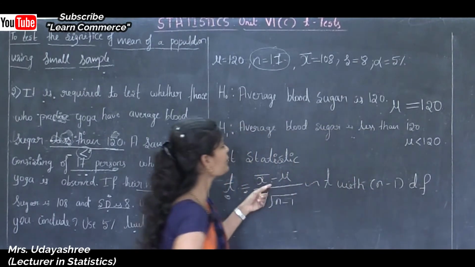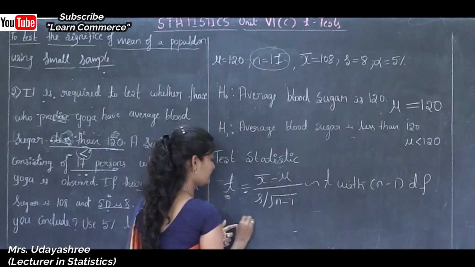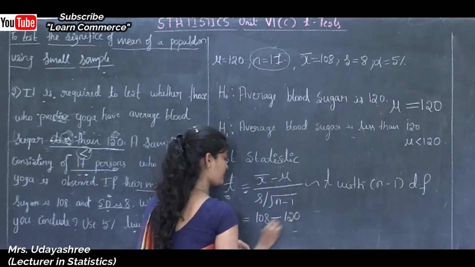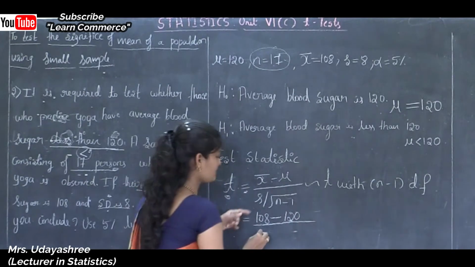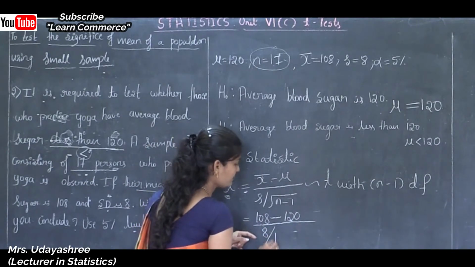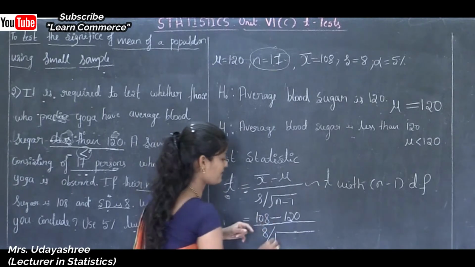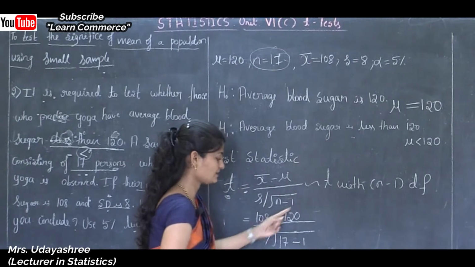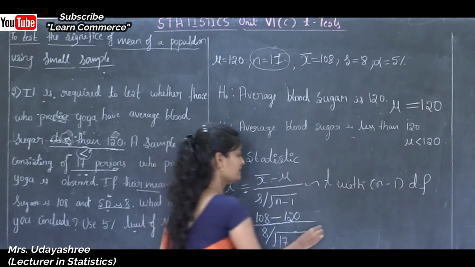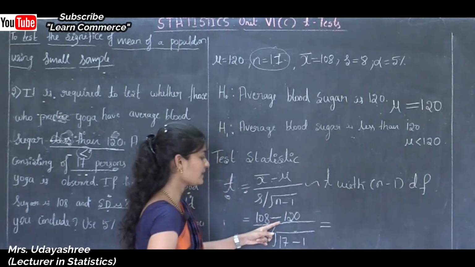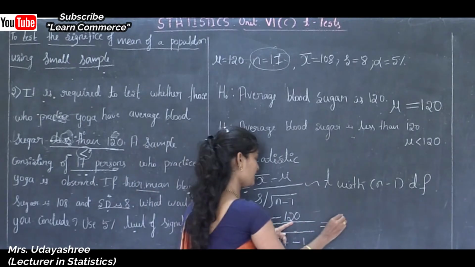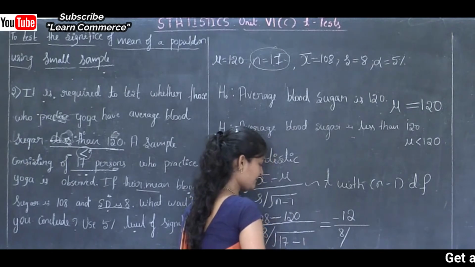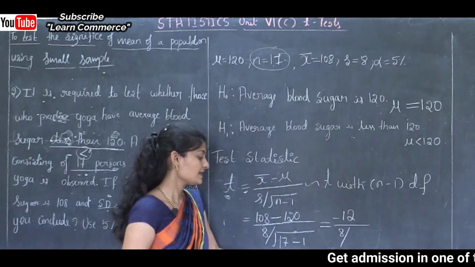See here, x bar observation is 108 and mu observation is 120, divided by small letter s observation is 8 divided by square root of n. Here n is 17, so n minus 1 is 17 minus 1. This is equal to 108 minus 120, that is minus 12, divided by 8 divided by square root of 16.